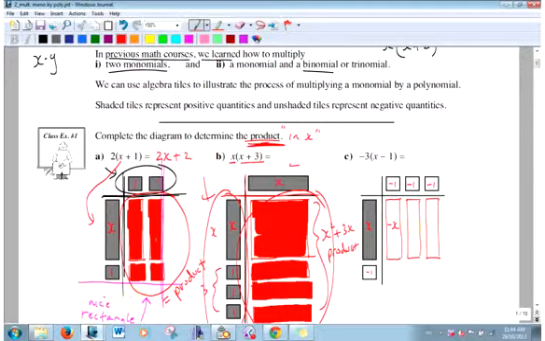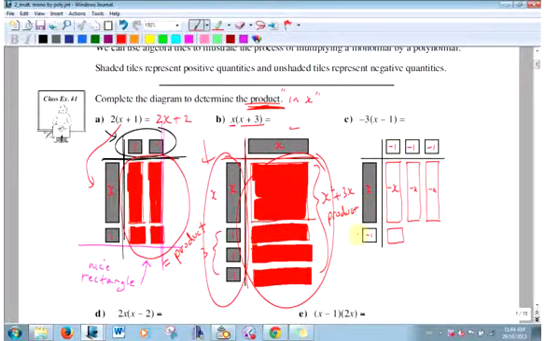Okay? -X, -X, -X. What's -1 times -1? First of all, looks like it makes that shape, but what's a minus times a minus? Positive. So I want to shade those. +1, +1, +1. Does it make a nice rectangle? That's your sign that you did it right.